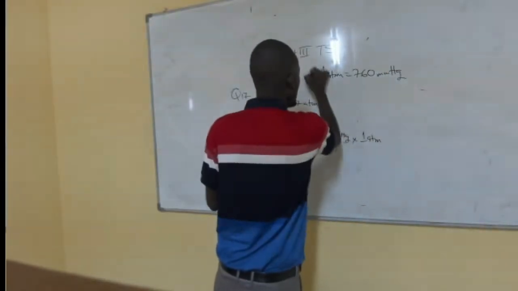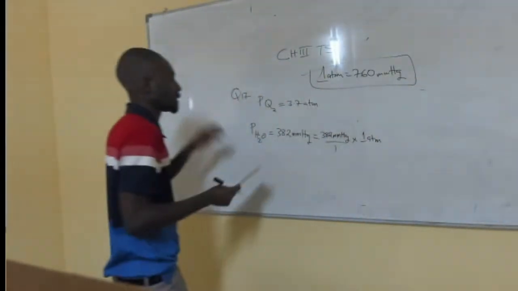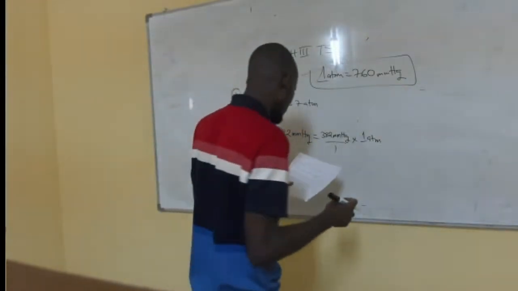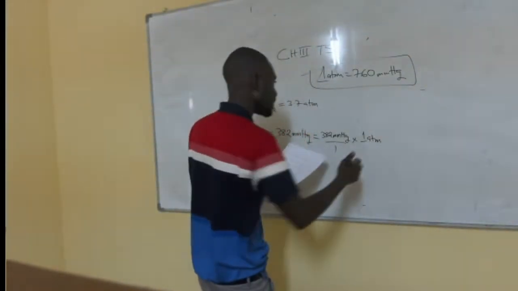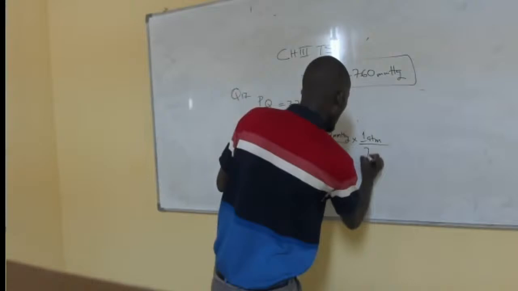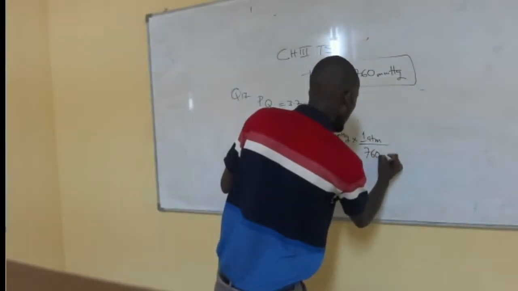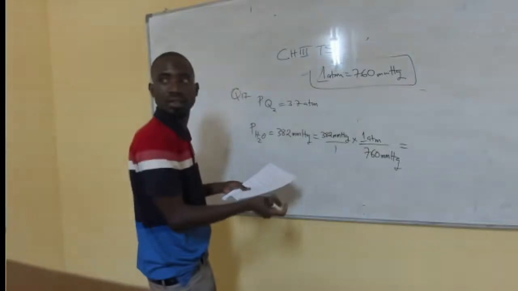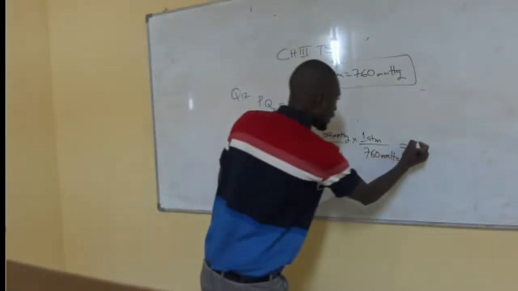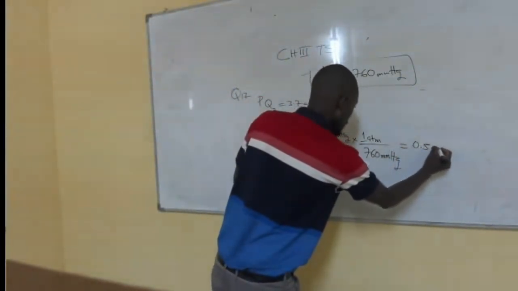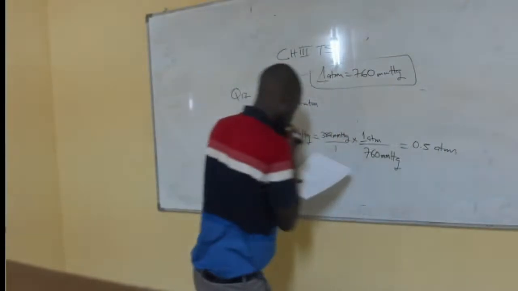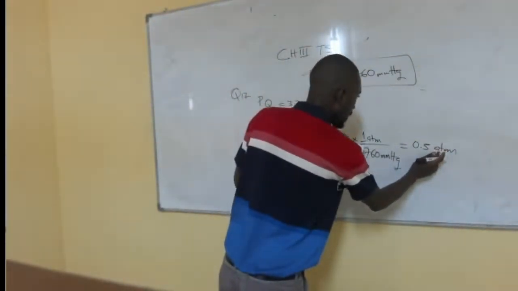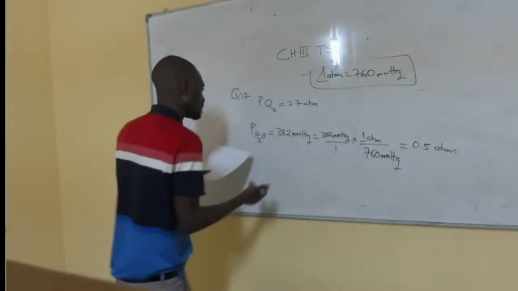So this conversion should be kept by heart so that you are not having difficulties remembering what has to be done. When you convert, this one should give you something like 0.5 atmosphere. We can just say 0.50, it's okay.